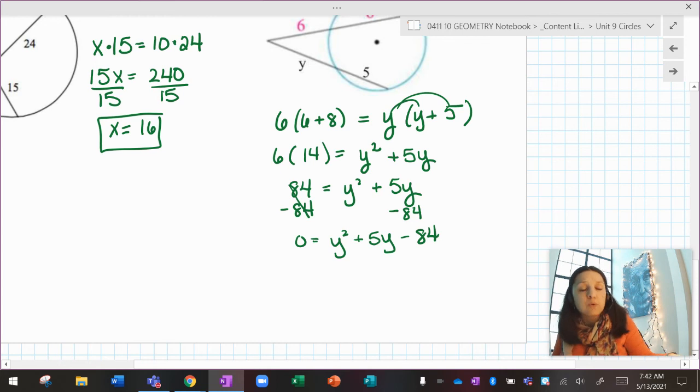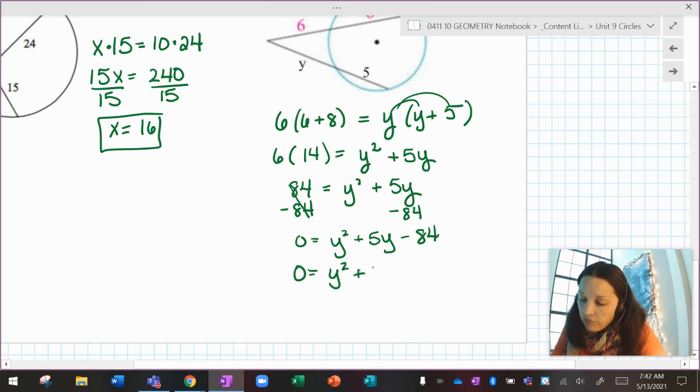But one thing I think is also a great way to do it is just go through the factors on your own. So 84 is 7 times 12. So I'm going to have y squared plus 7y minus 12y minus 84. And then you can do factoring by grouping.